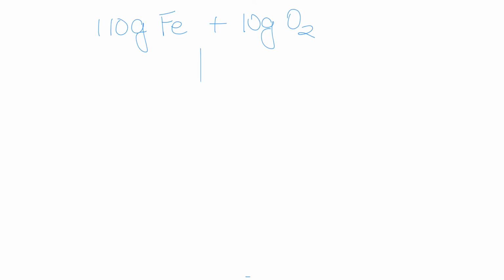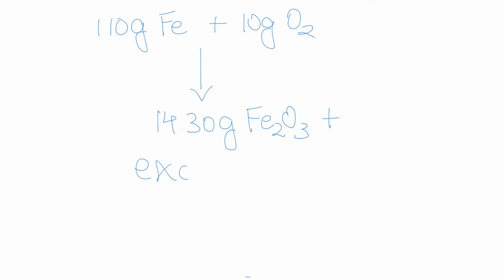When I combine these two, I am only going to get 14.30 grams of Fe2O3 plus excess O2. What does that mean, excess?